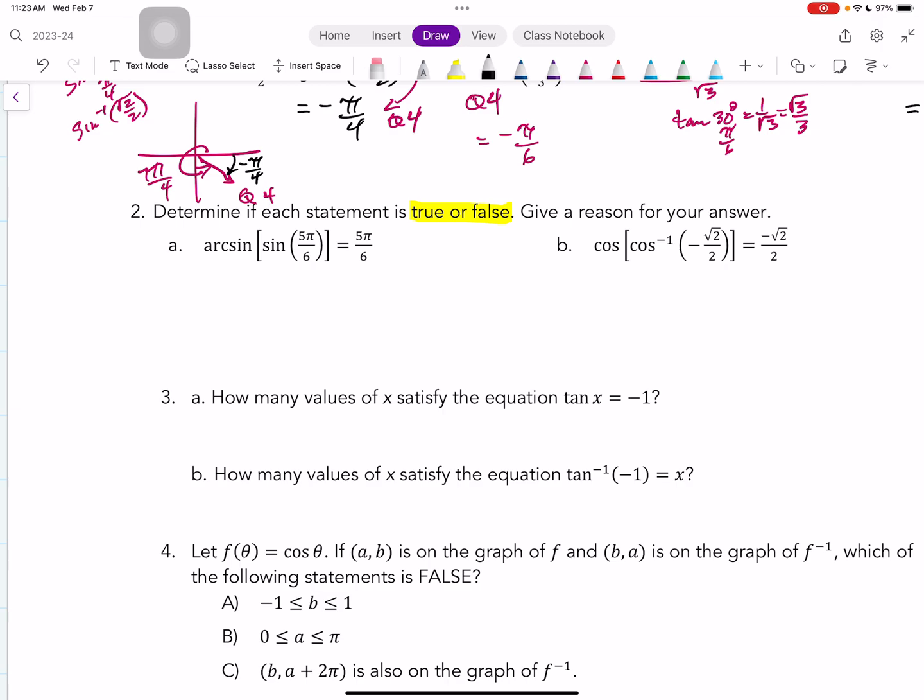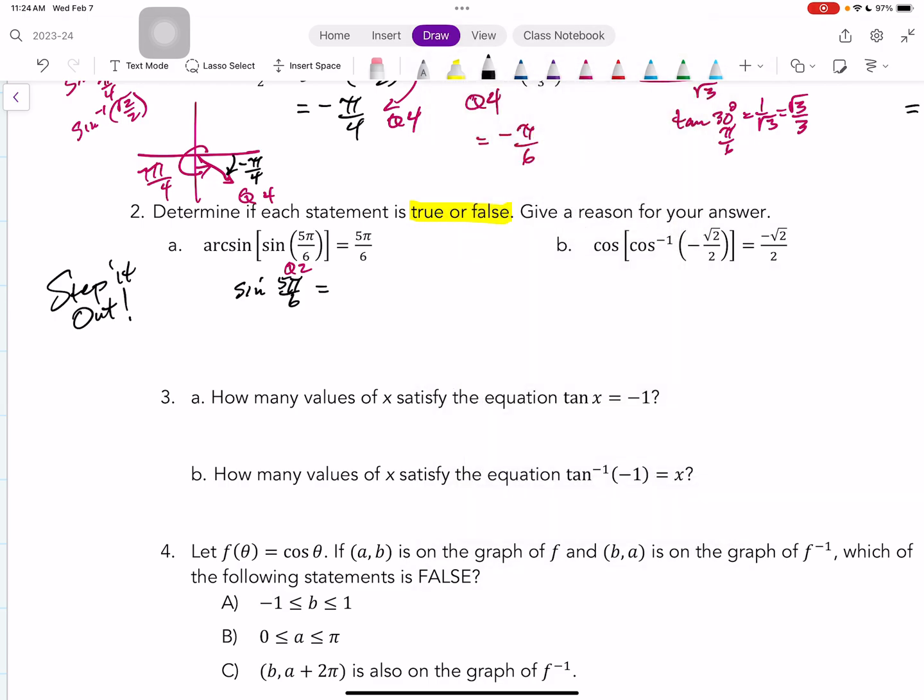Let's investigate. Let's take a look at the sine of 5 pi over 6 first. So let's step it out. What's the sine of 5 pi over 6? Well, this is a quadrant 2 angle. 5 pi over 6 is in quadrant 2, and the sine's positive there.